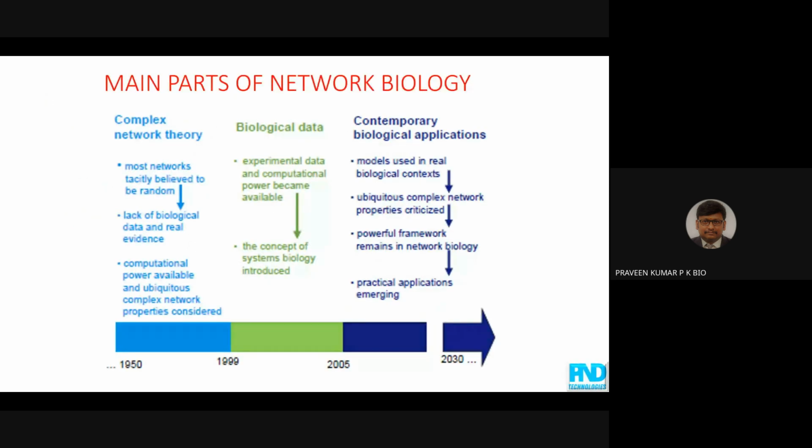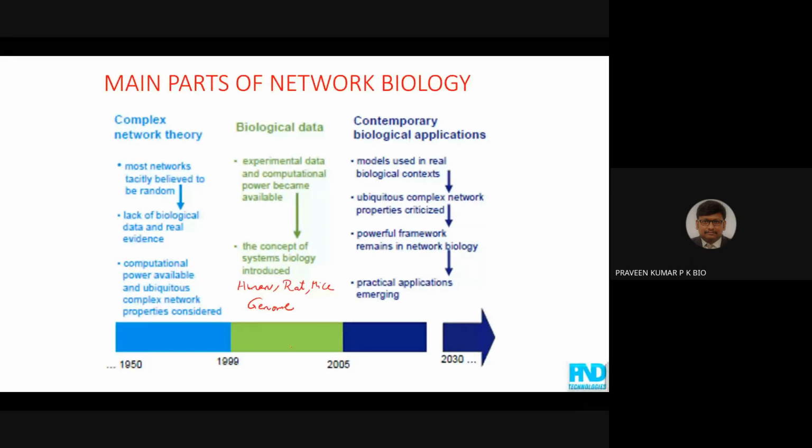Now let me take you to the main parts of network biology. The network biology origin, like I told you earlier, is the genome. Most of the important genomes: the human genome published in 2003, the rat genome in 2003, and the mouse genome in 2002.